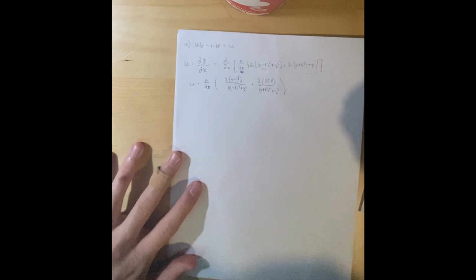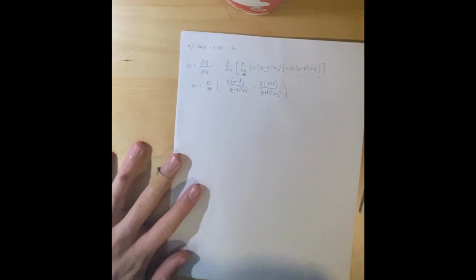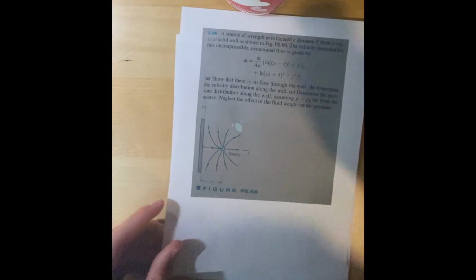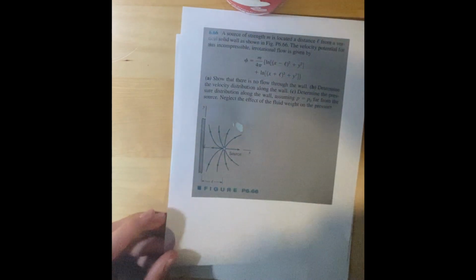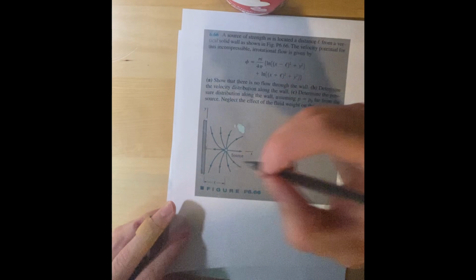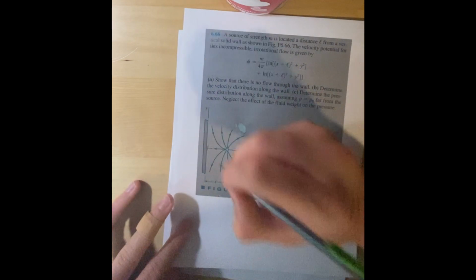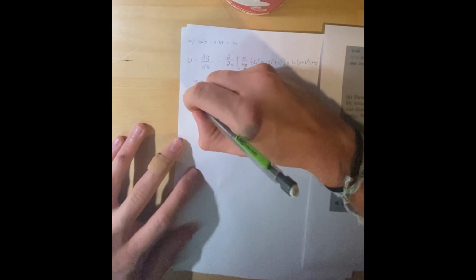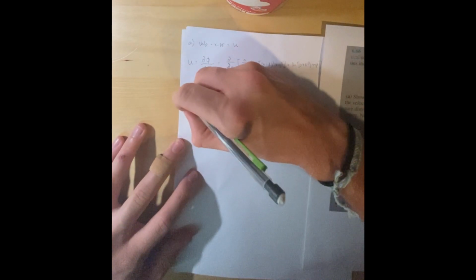Alrighty, and here we're going to substitute in our x position, because we're trying to show that there's no velocity at the wall. So at the wall, this x position is going to equal 0.